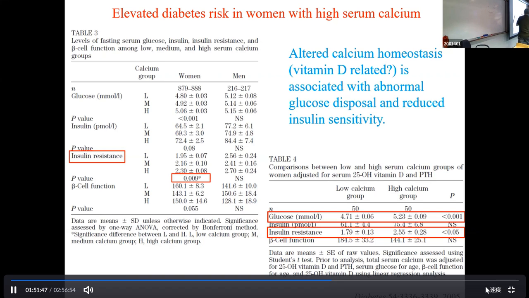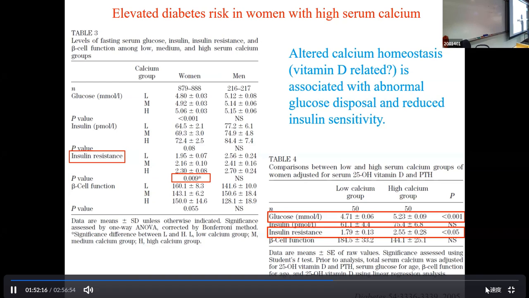So what you see is, this is men and women, okay? Calcium group, okay? Low, medium, high, okay, low, medium, high. And this is insulin resistance. So what this table says is the level of fasting serum glucose, insulin, insulin resistance, and beta cell function in low, medium, and high serum calcium.